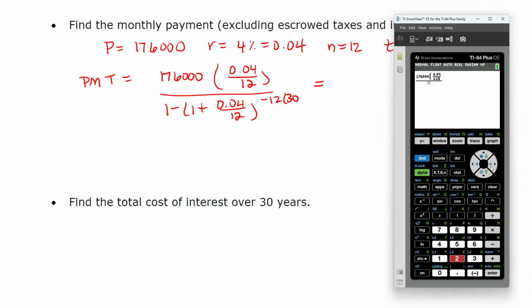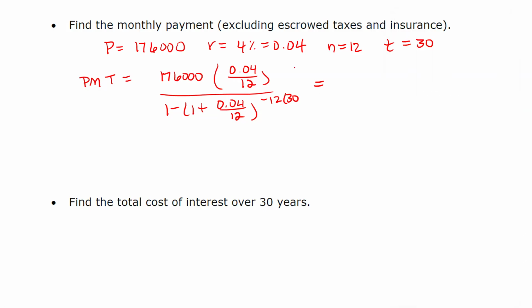That's why it's always a good thing to write it out, so you can make sure that what you're entering into your calculator matches what you have written out. It helps a lot. And then parentheses, exponent, negative 12 times 30. Then we can check to make sure everything matches, and it does. Okay, so our monthly payment is $840.